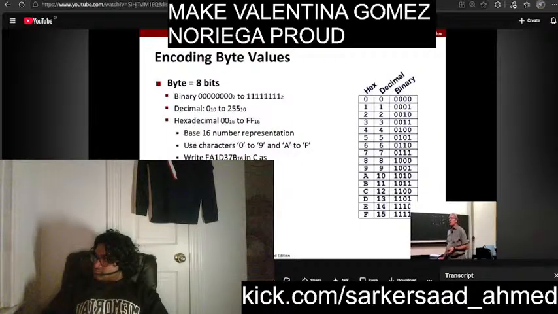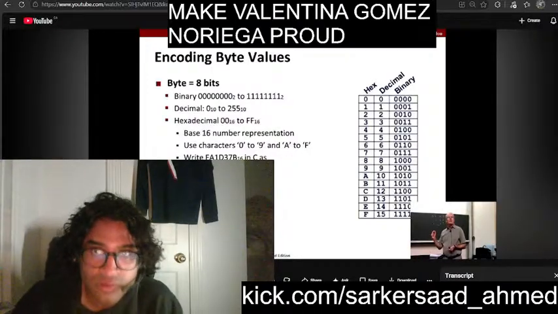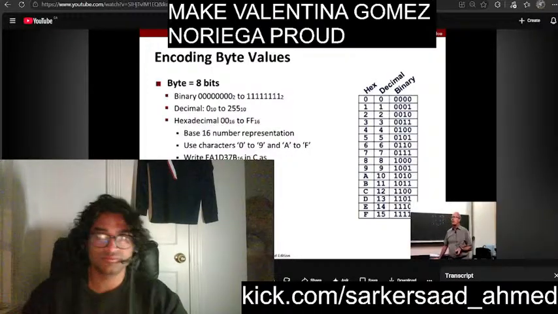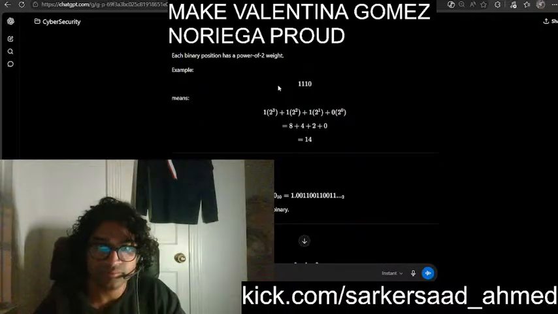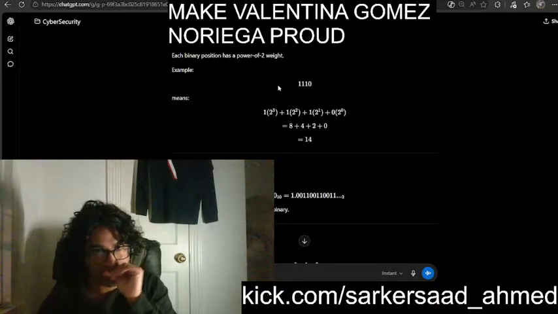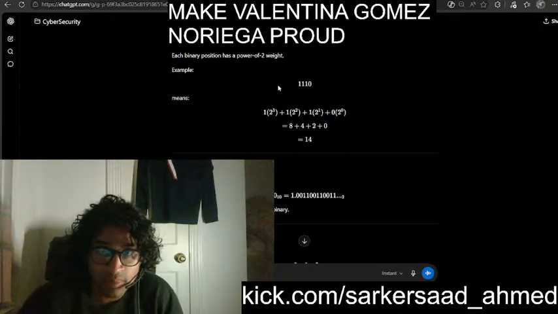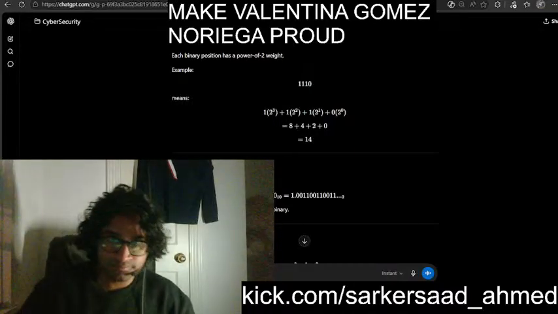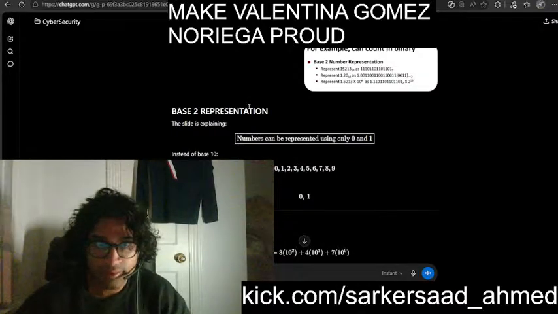So what we use, and what's become largely the most common, is to group collections of 4 bits at a time and represent that in base 16, or hexadecimal representation, using the letters A through F as values 10 through 15. You'll spend a lot of time staring at hexadecimal numbers this year, and you'll get pretty good at looking at a hex number and just writing it out in binary.